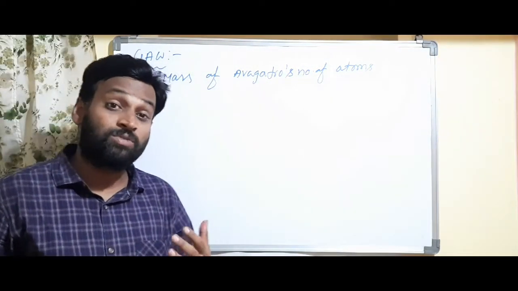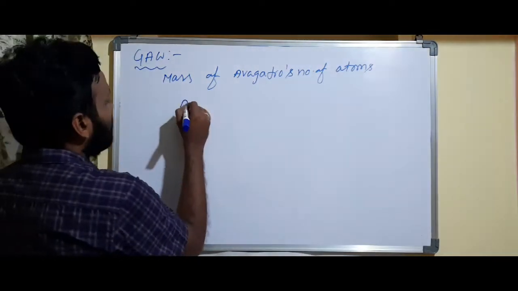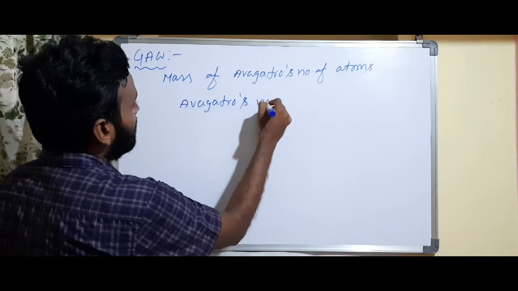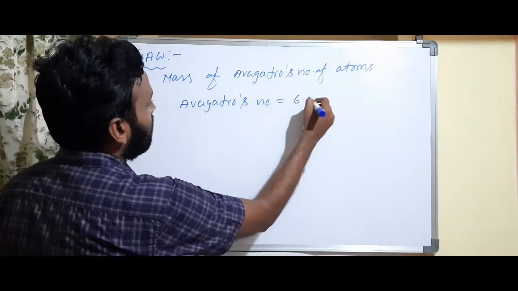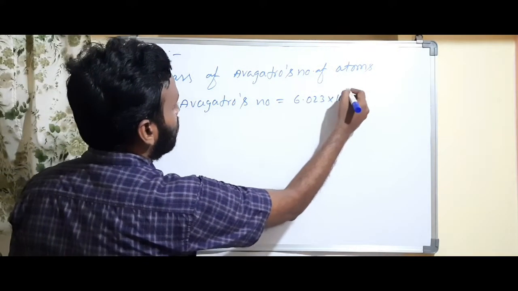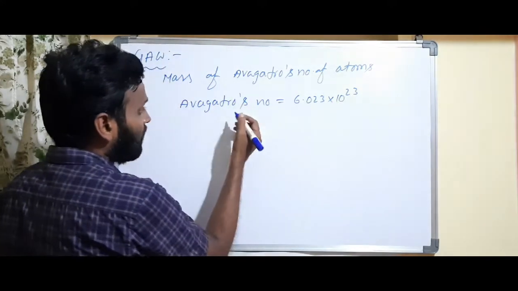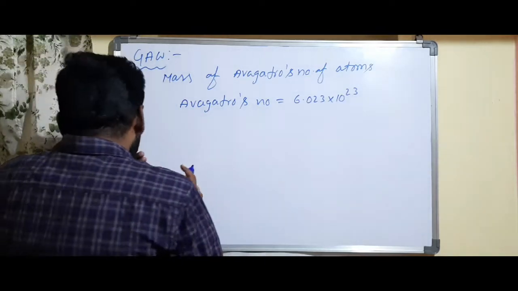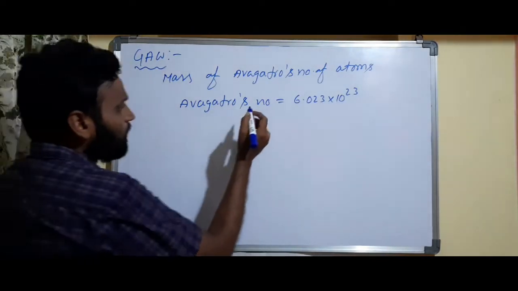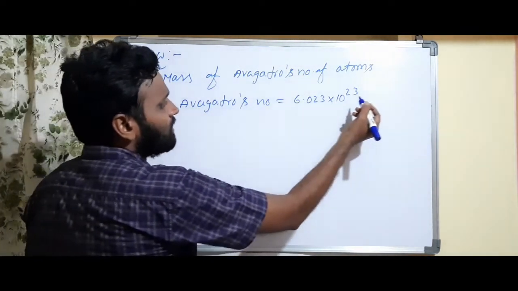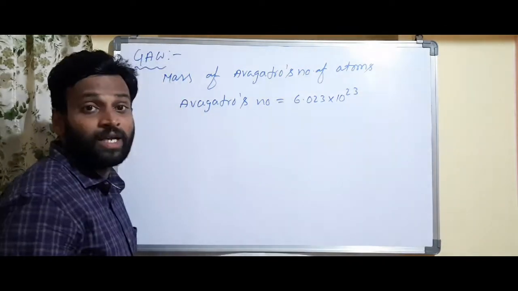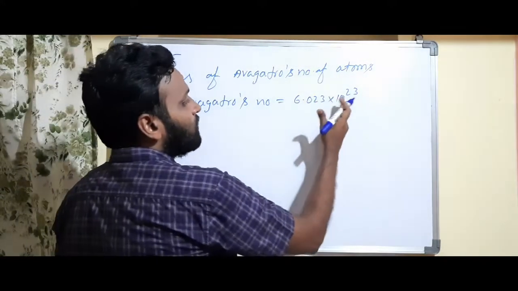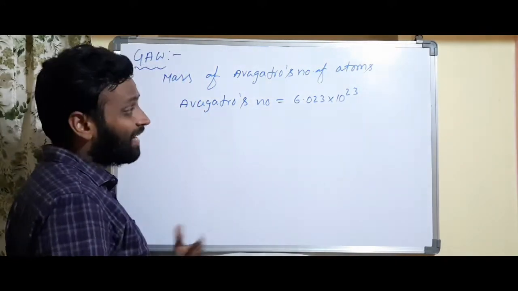Avogadro number of atoms means how many, sir? Avogadro's number is equal to 6.023 into 10 power 23. Avogadro number of any species is equal to this. Avogadro's number of atoms is 6.023 into 10 power 23 atoms. Avogadro number of ions means 6.023 into 10 power 23 ions.